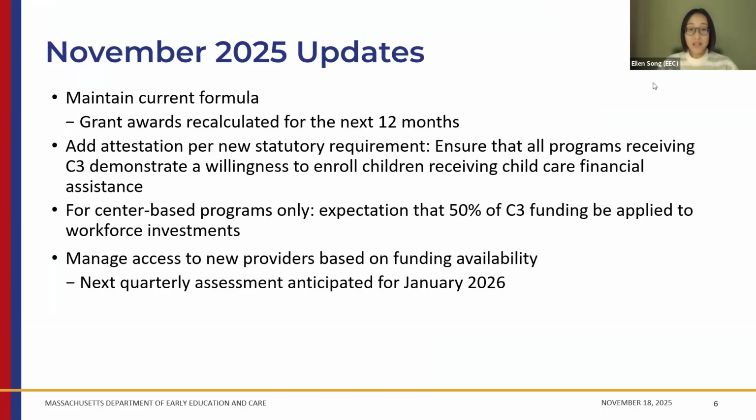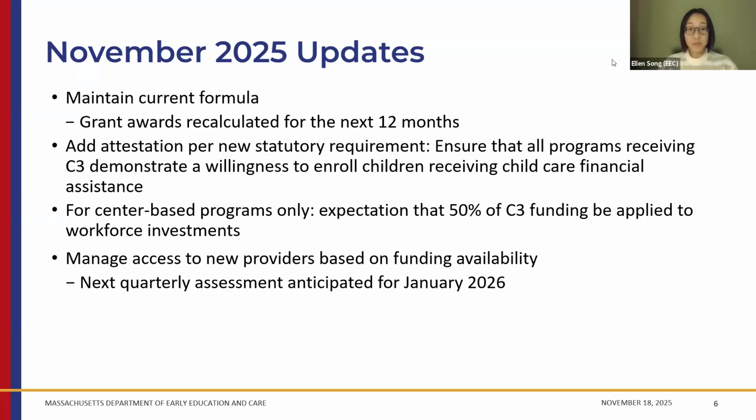Other updates that are in effect starting November are we are adding a new attestation per statutory requirement that requires all programs receiving C3 to demonstrate a willingness to enroll children receiving CCFA. And we'll talk a little more in detail about what that looks like in terms of the application and what programs have to do to attest.